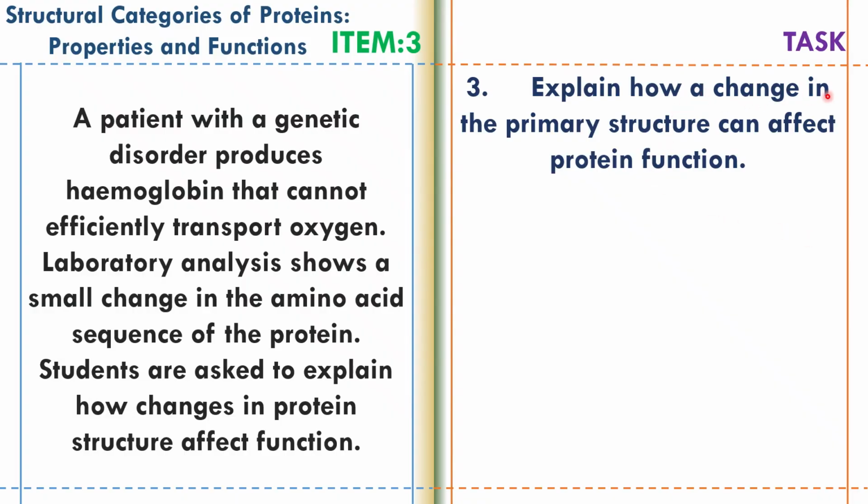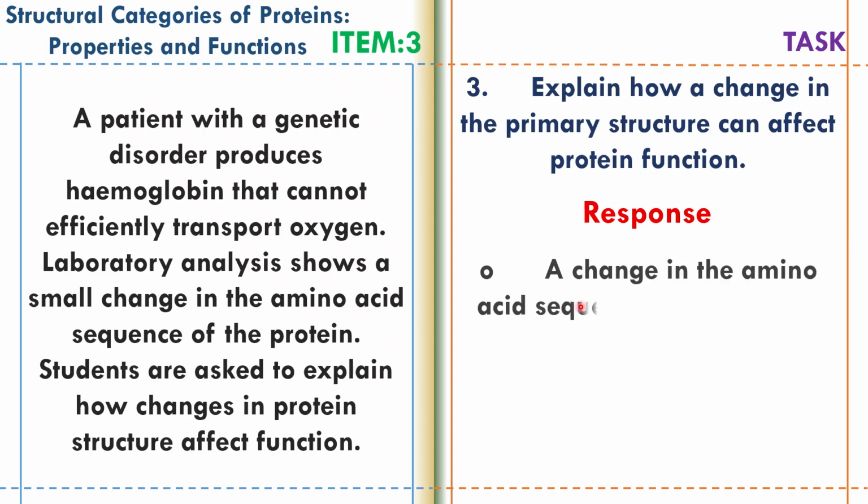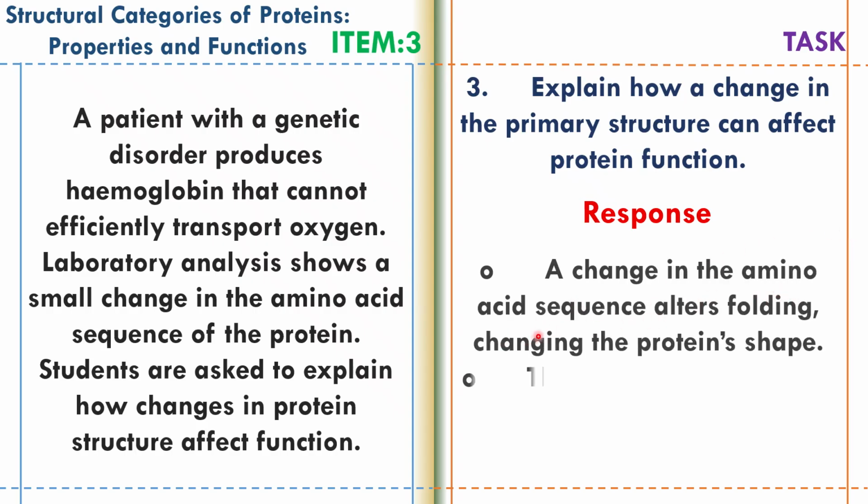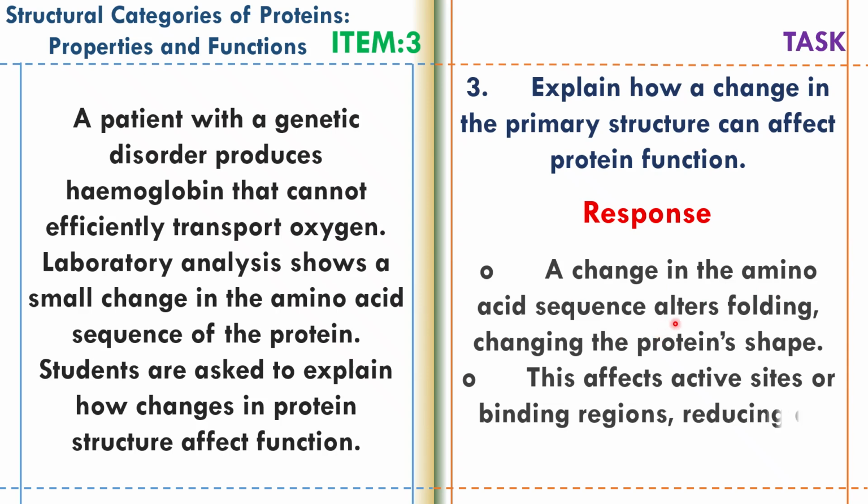Explain how a change in the primary structure can affect protein function. A change in the amino acid sequence alters folding, changing the protein's shape. This affects active sites or binding regions, reducing or stopping function.